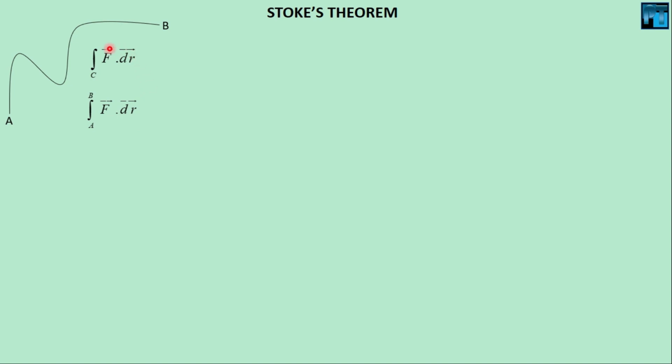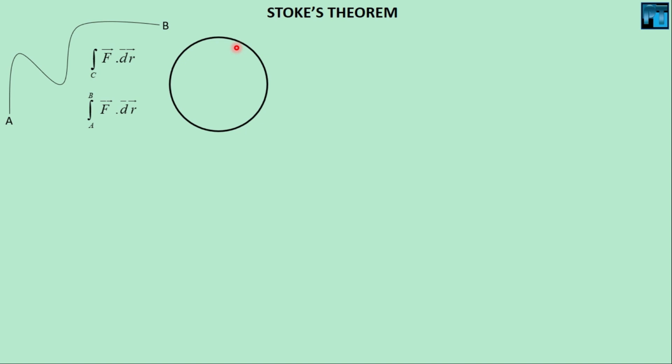These types of integrals are called open line integrals. Why? Because the line is not closed. Now, suppose I close the line and make a circle like this. So this is a closed line.